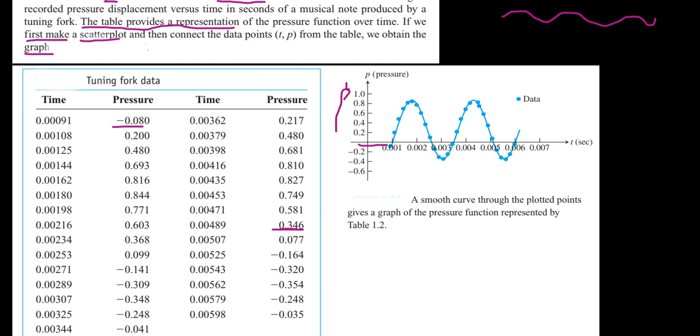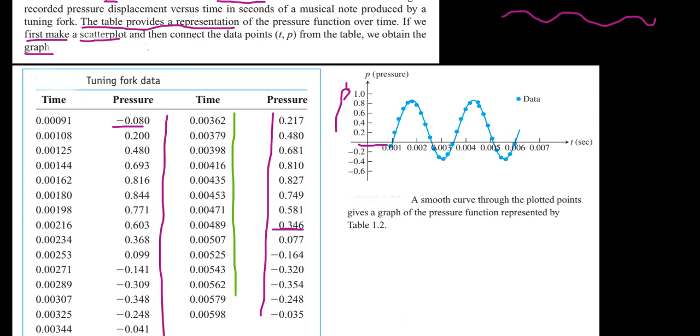It uses all the pressure values along the vertical line and the time values along the horizontal line, because you can say that our pressure is dependent on time. If we have the value of time, we can conclude our pressure values.